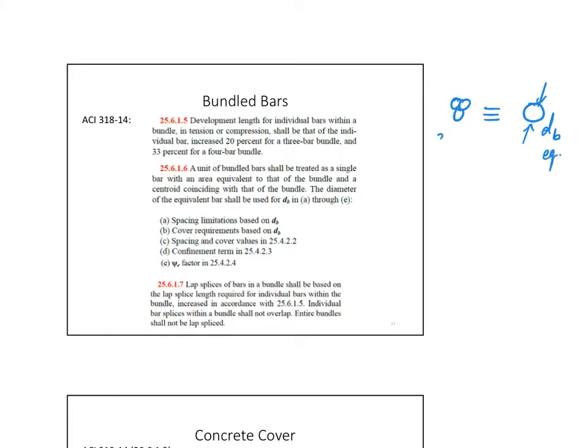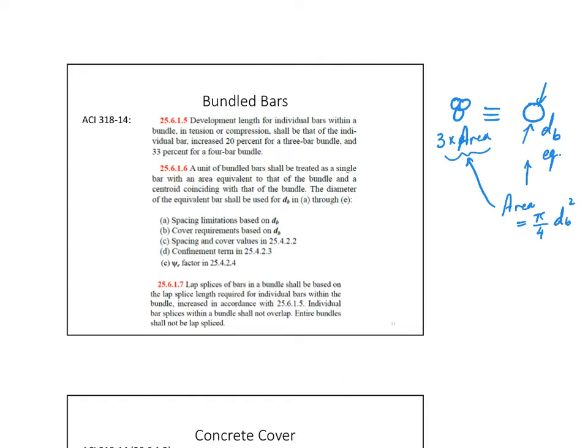Now this is 3 times the area, and the area here shall be equal to pi over 4 dB squared. These 2 areas shall be the same. So you have an equivalent area, and that equivalent area will give you the equivalent bar diameter.